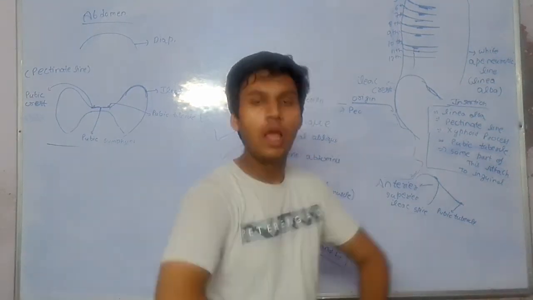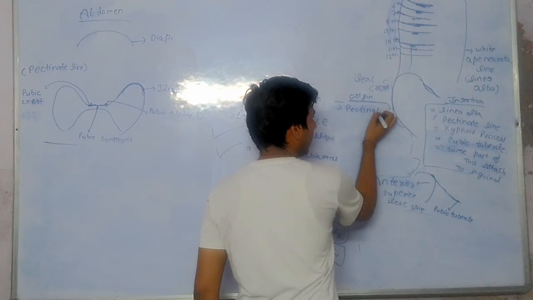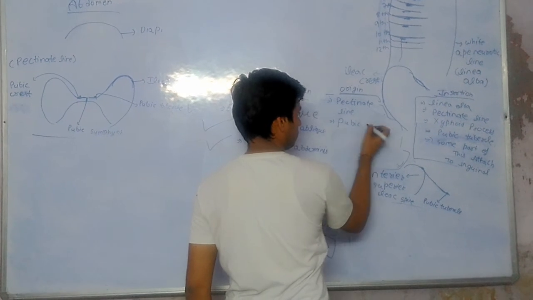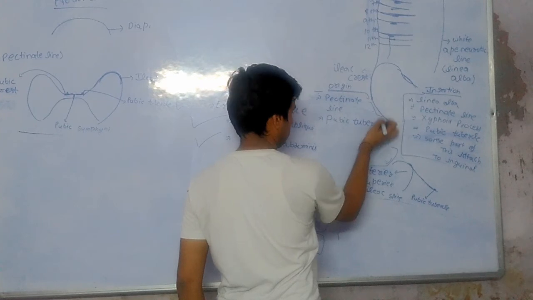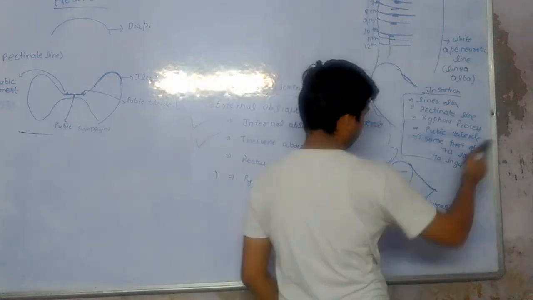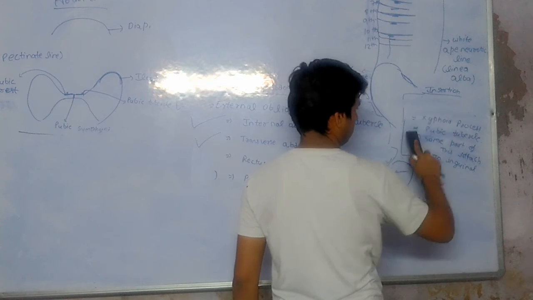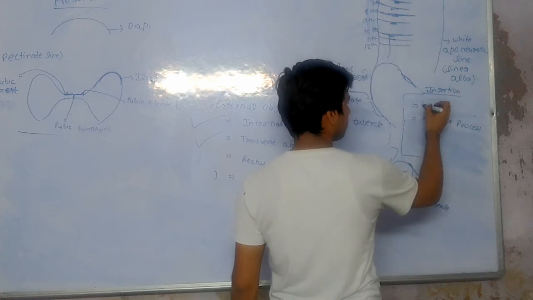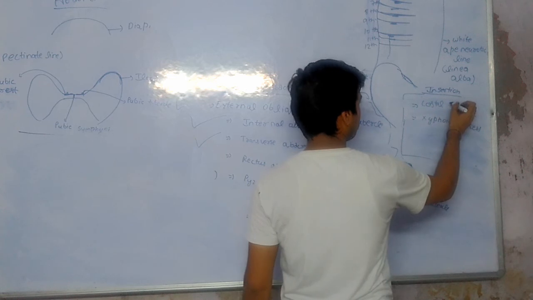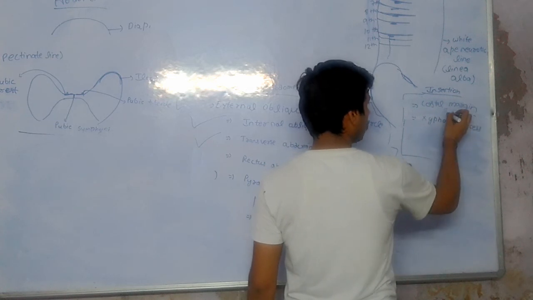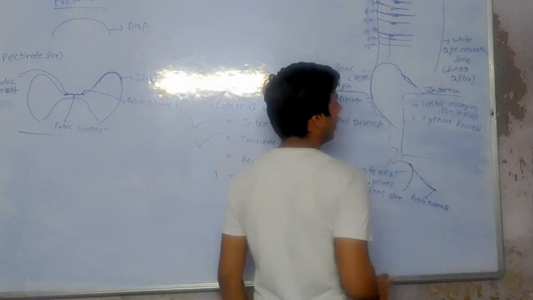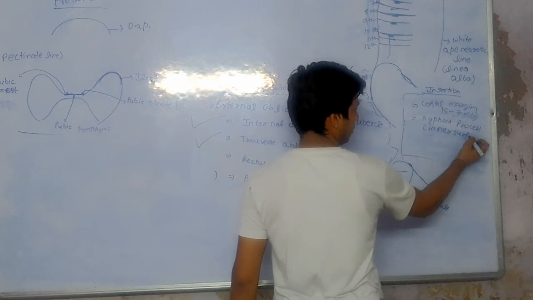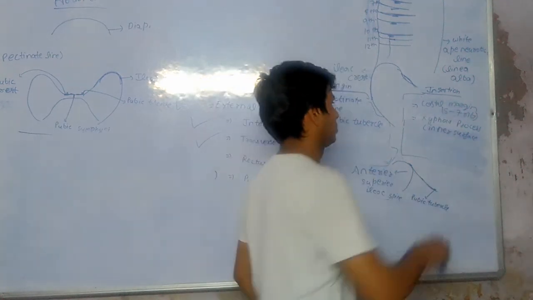The rectus abdominis goes from lower to upper: pectinate line, pubic tubercle, and insertion is the xiphoid process, costal margin of 5 to 7 ribs, inner surface also, and 5 to 7 costal cartilage.